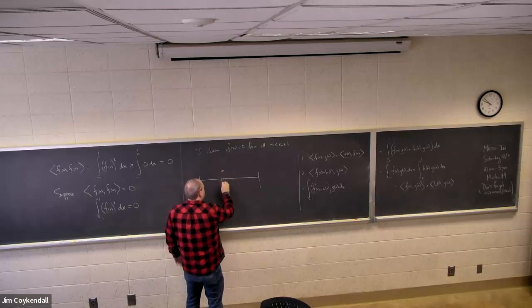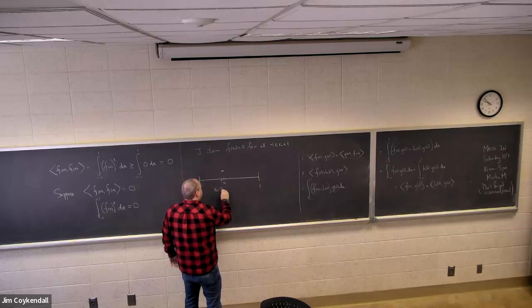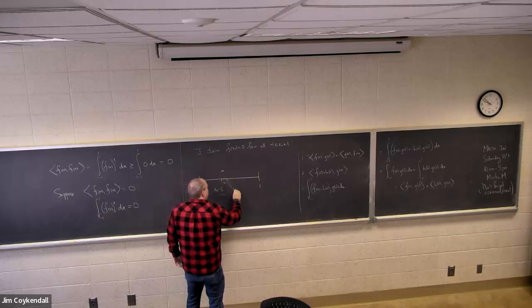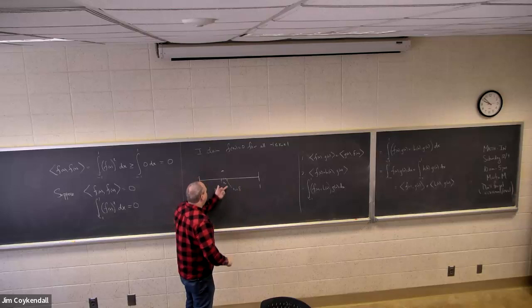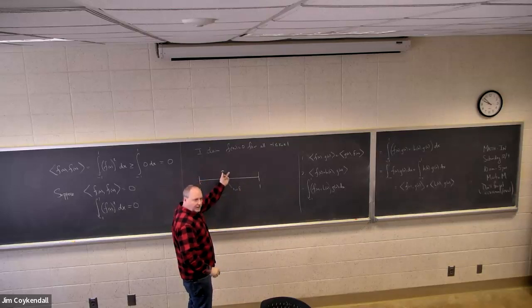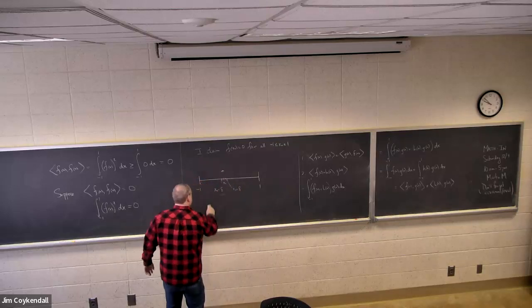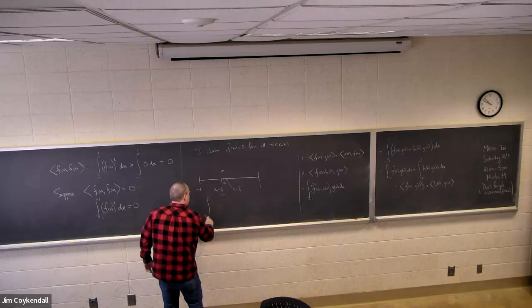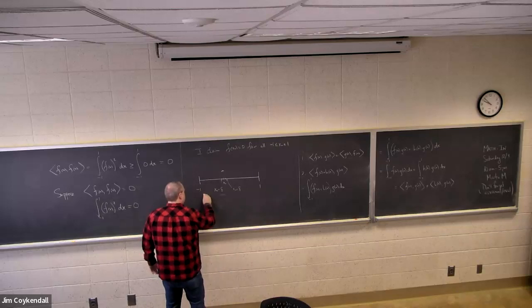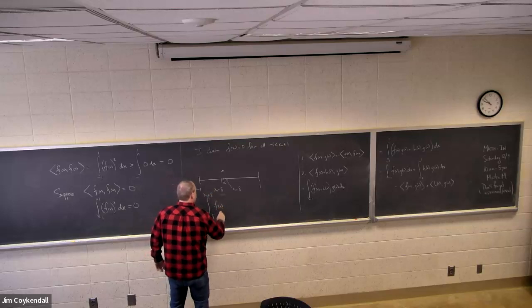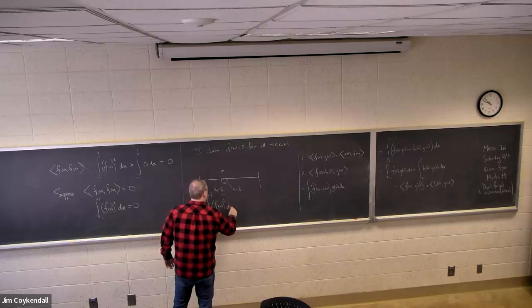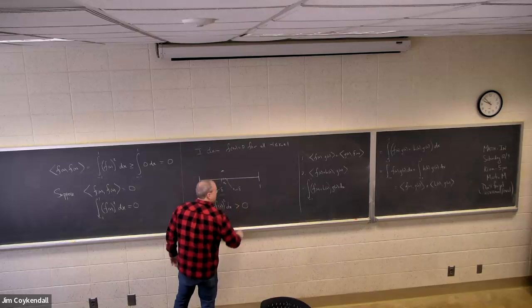Let's call this x naught minus delta, x naught plus delta. And in this interval, the function is positive. Agreed? So the integral from x naught minus delta to x naught plus delta of f of x squared dx is greater than 0.